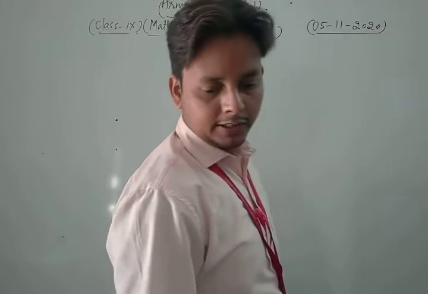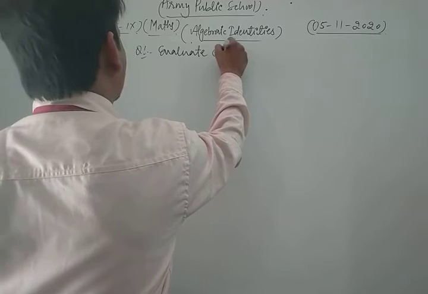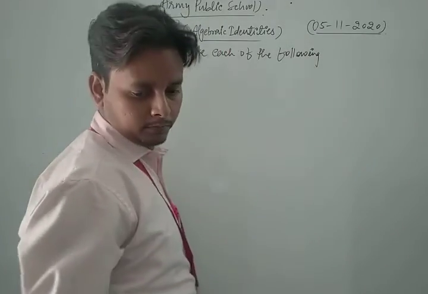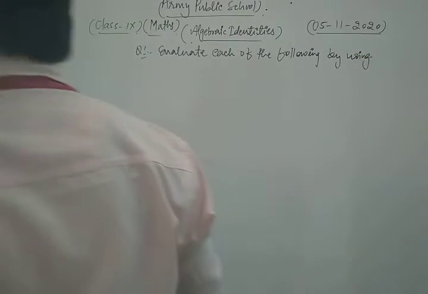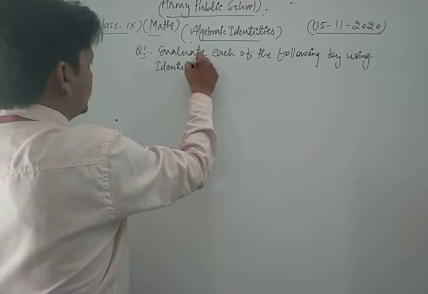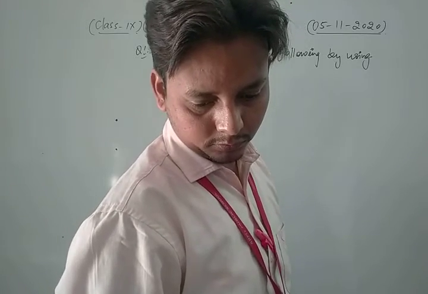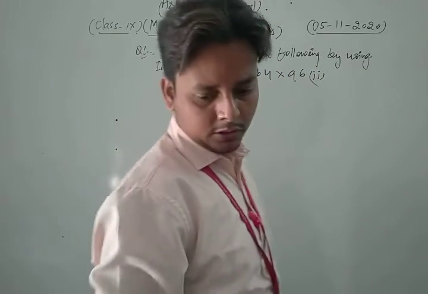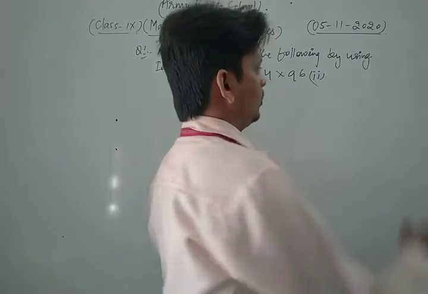Now our question is: evaluate each of the following by using identities. The first part of this question is 104 into 96, and the second one, dear students, is 97 whole square.